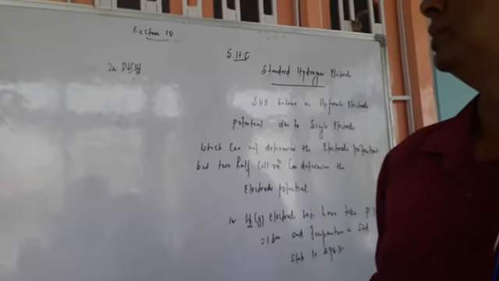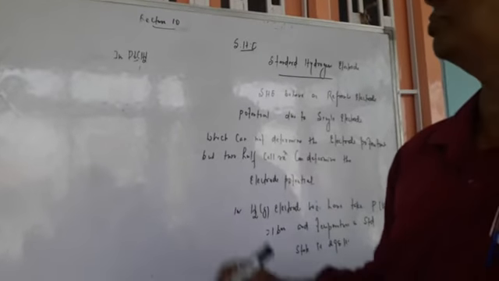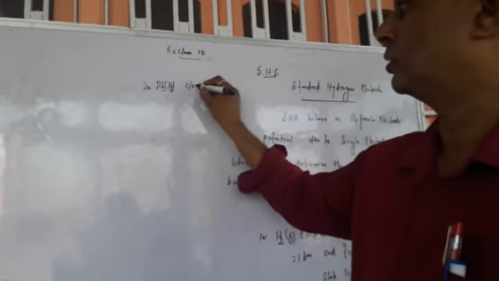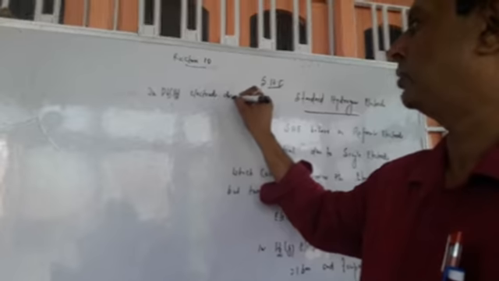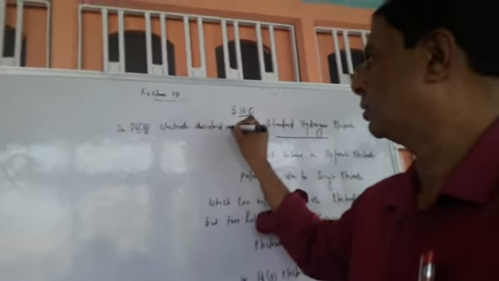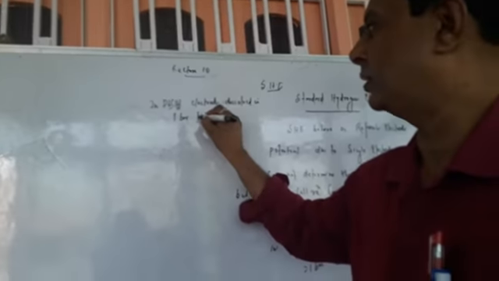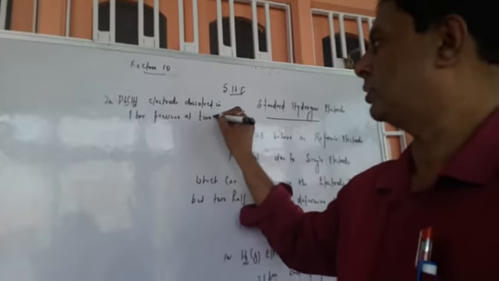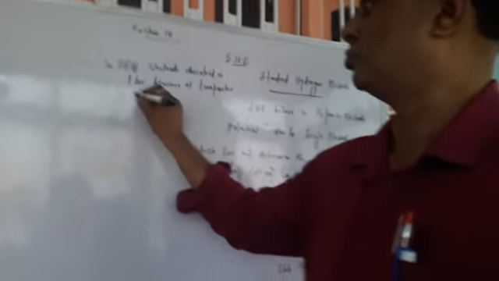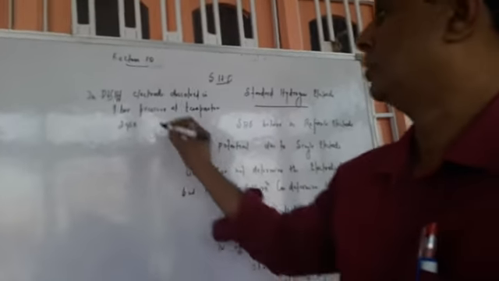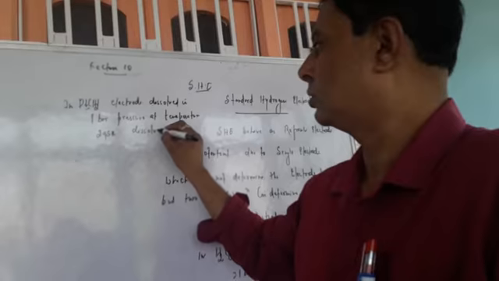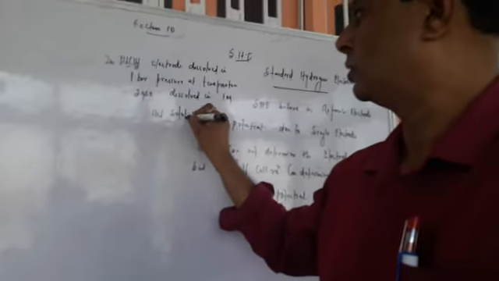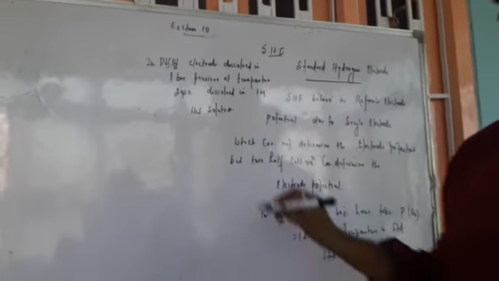The platinum electrode is immersed at 1 bar pressure and temperature 298 Kelvin into 1 molar HCl solution.